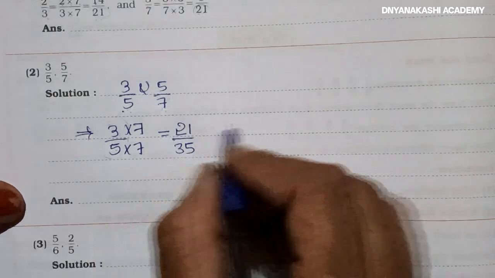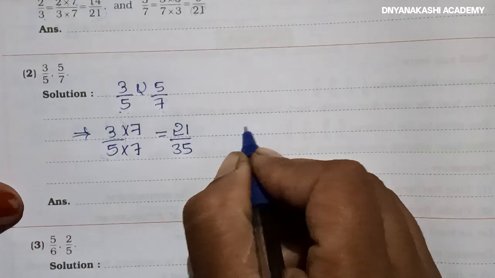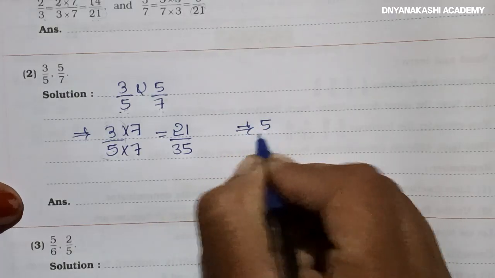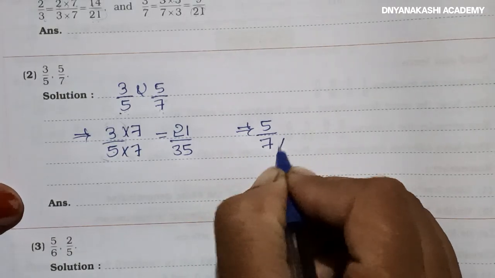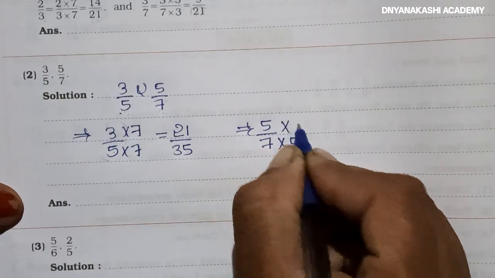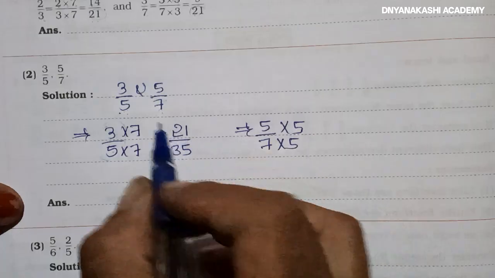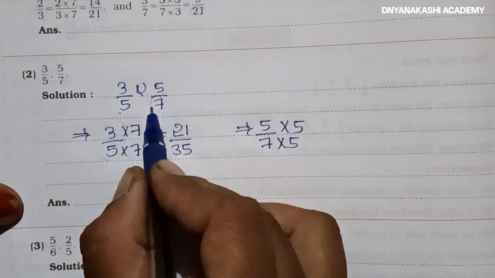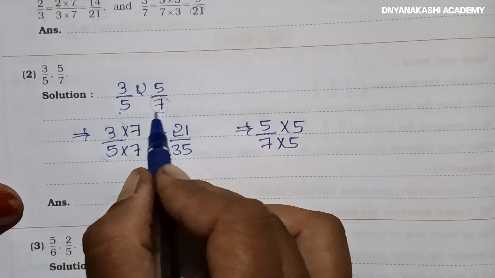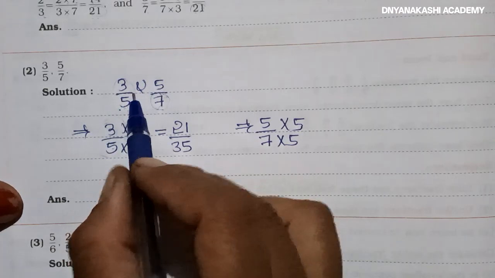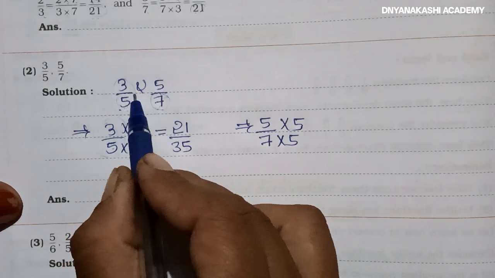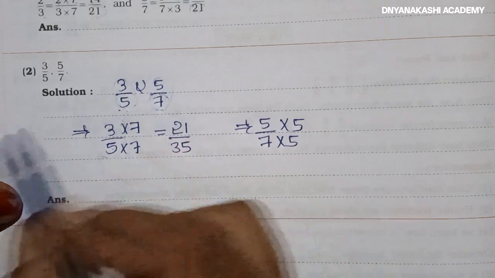Okay, next one, this one, 5 by 7. I multiply the numerator and denominator by 5. Why? Here the denominator is 7, multiply it with this fraction. Here the denominator is 5, multiply it with this fraction.